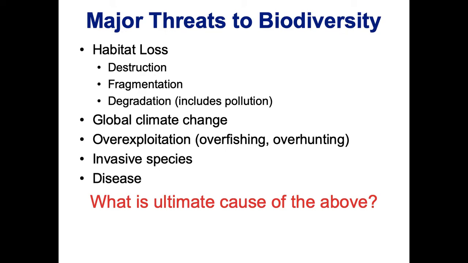I did want to go back to the beginning of the class and have you think about what are the ultimate causes of all of these things above. Hopefully you just thought about the number of people on the planet and the amount of resources those people need. Those two things combined contribute to all of these things.